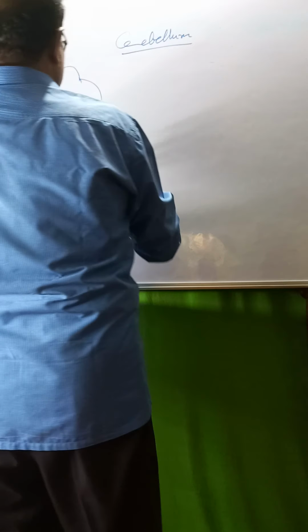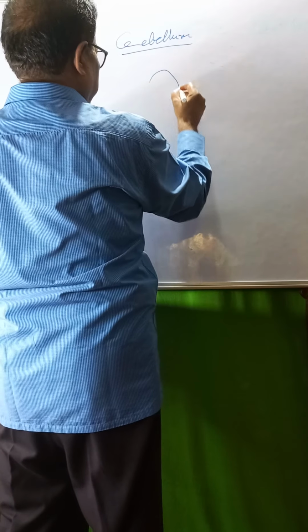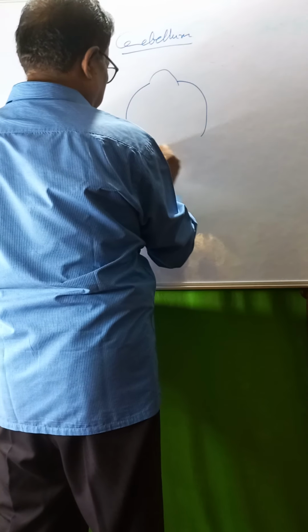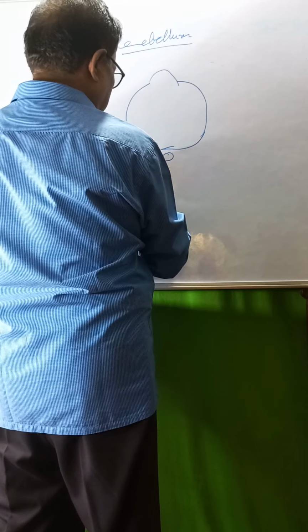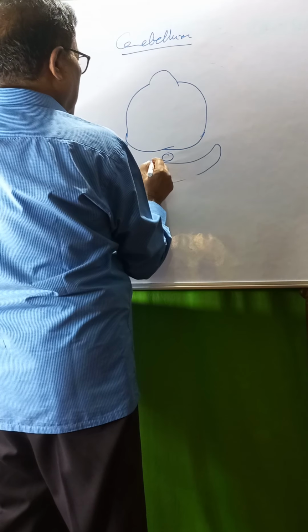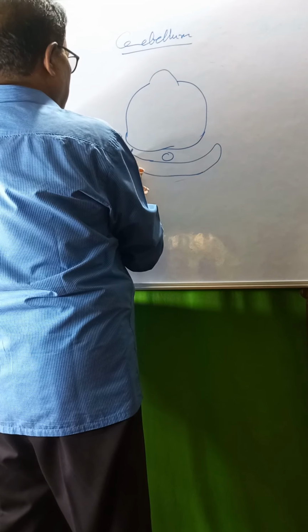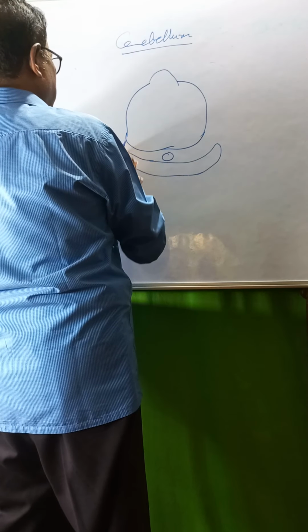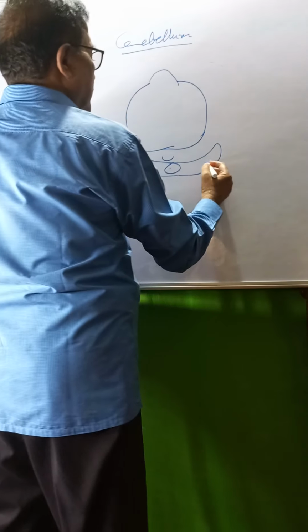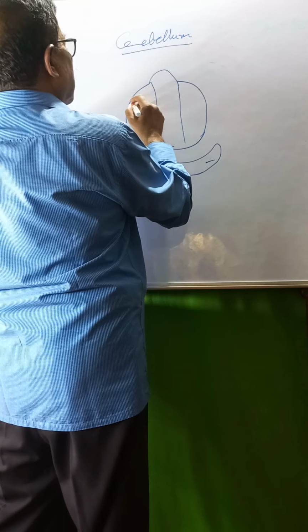When we see from lateral side, this is flocculonodular and this is primary fissure.